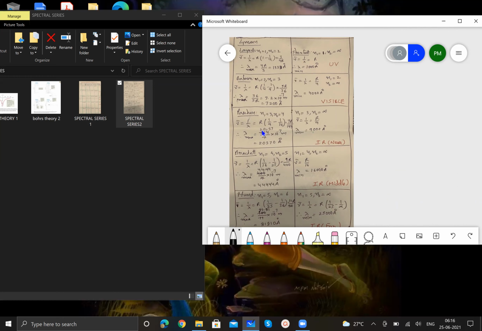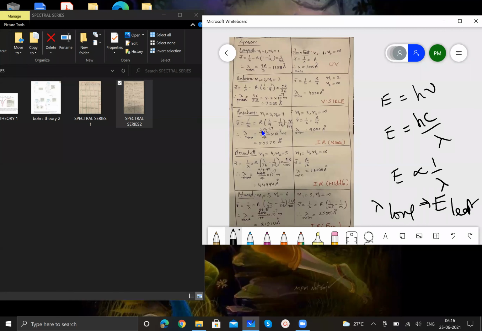You know very well, E is equal to h nu, that is E is equal to hc by lambda, which implies E varies inversely as wavelength. So if lambda is longest, the energy will be the least. You have to remember all these things. So this is how we discussed the various spectral series in the hydrogen atom.